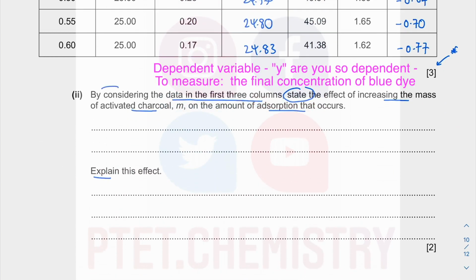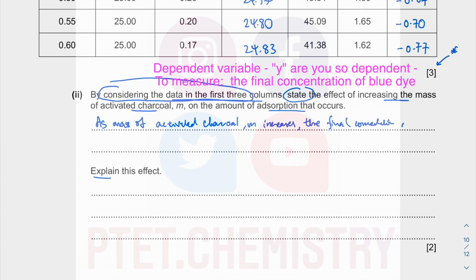But I did say by considering the data in the first 3 columns. So as the mass of activated charcoal, M, increases, the final concentration of the blue dye decreases, and then you have constant initial concentration of the blue dye.